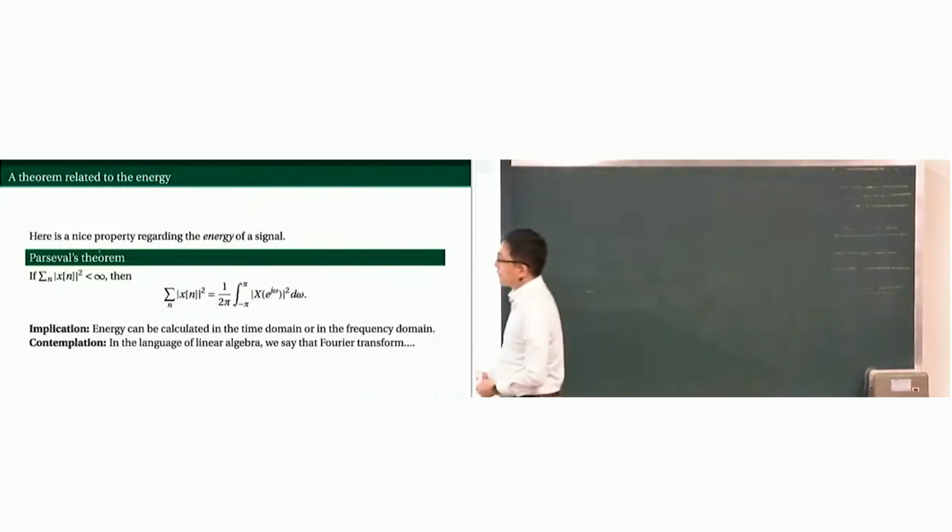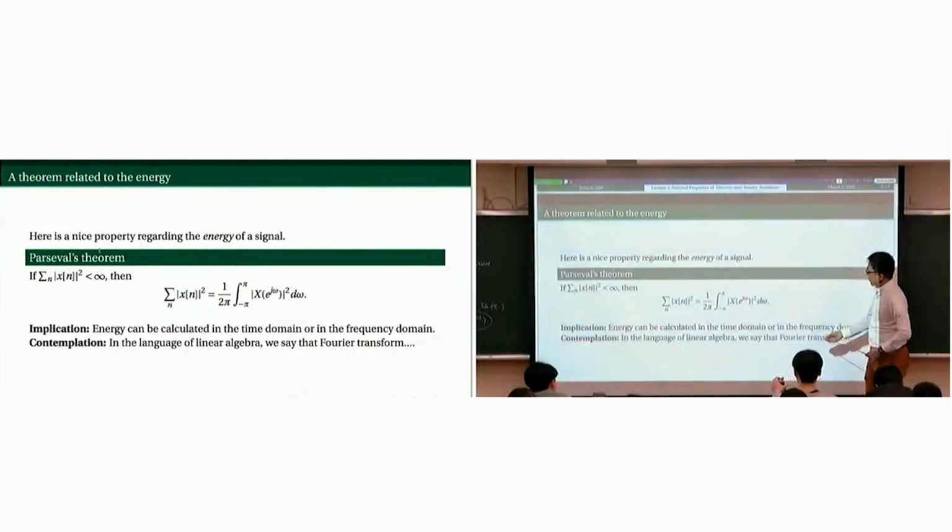So let's look at the result first, okay? There's an identity, 一个恒等式, an identity which is true for any given signal x.